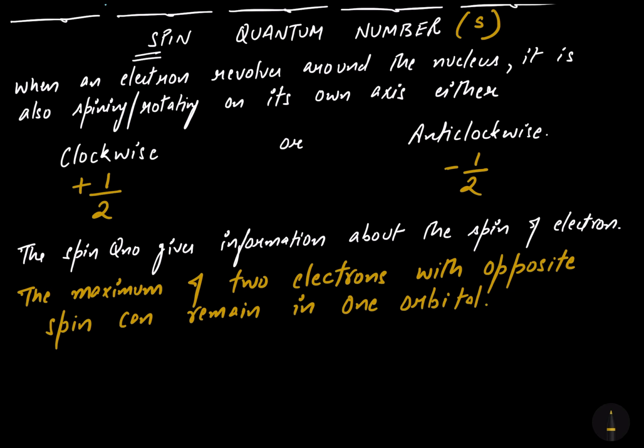That means one orbital can accommodate only two electrons and they must be of opposite spins. One is plus half, another one is minus half. So that's all about the quantum numbers.